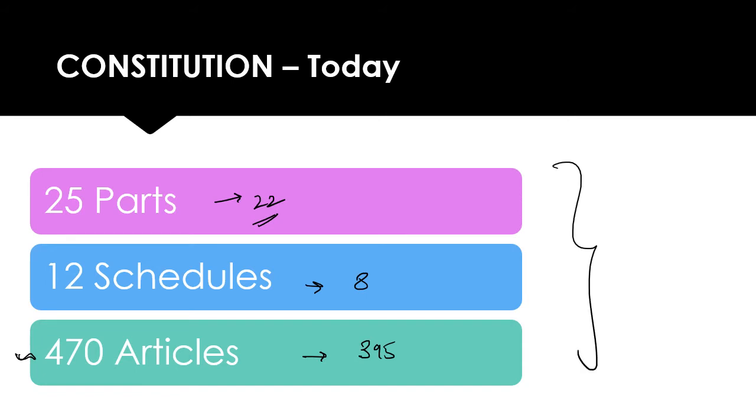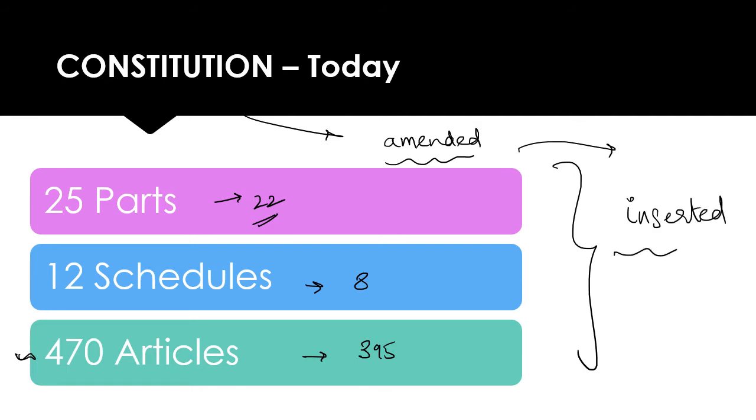As you're aware, the Constitution has been amended several times, and as a result of these amendments there have been some insertions, because of which some provisions have been inserted into the act, and therefore the number of parts, schedules and articles has increased.